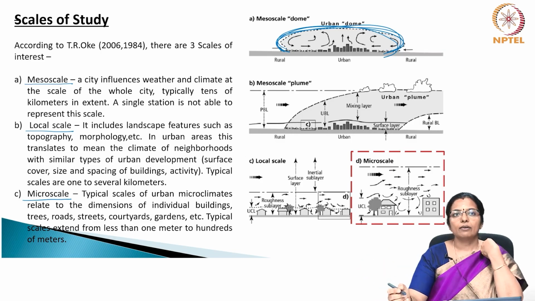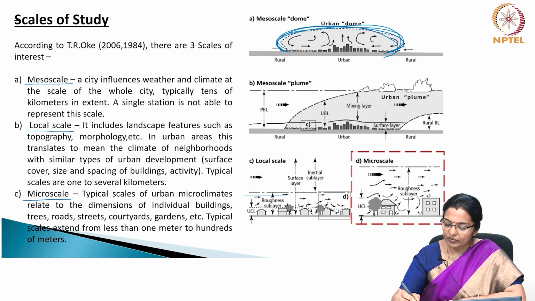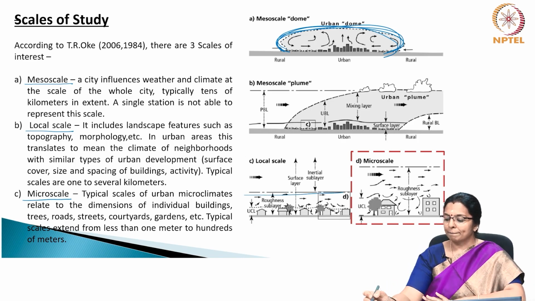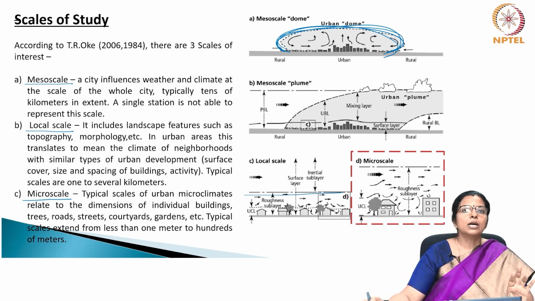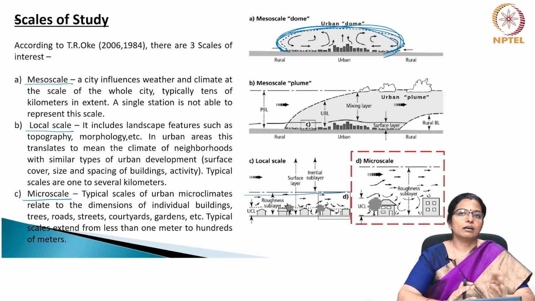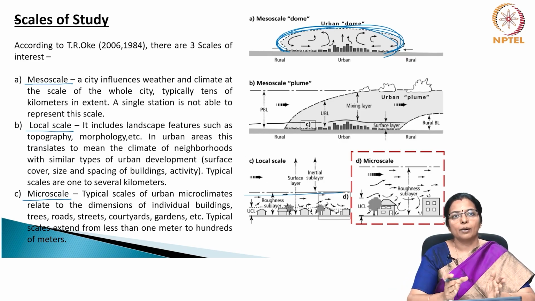Next, we study at a micro scale. If you look at local scale, it's very limited in area. Then we study micro scale. Typical scales within the urban microclimate relate to the dimension of one or two buildings, between the two buildings, the trees, the roads, the street pattern, the greenery, courtyards, etc. All these are at micro scale.